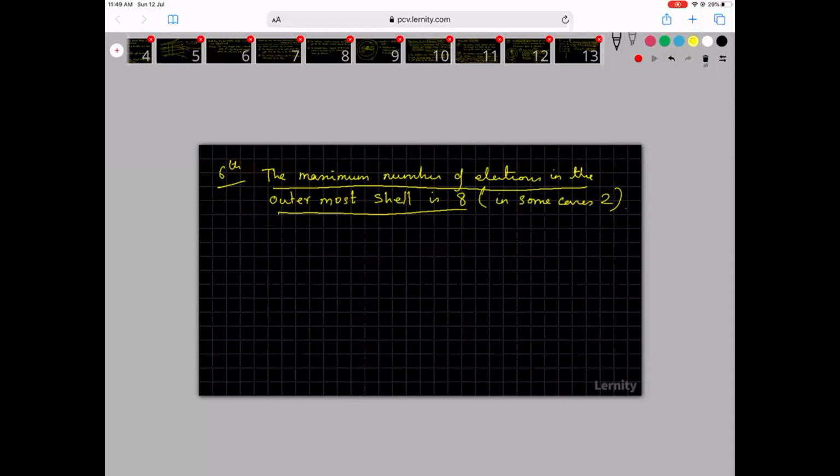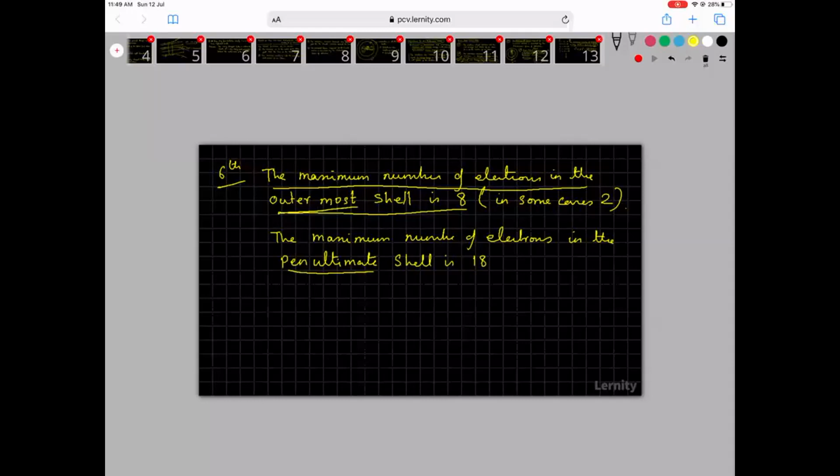Then he further said the maximum number of electrons in the penultimate shell. Penultimate means before the ultimate, last but one. The maximum number of electrons in the penultimate shell is 18.